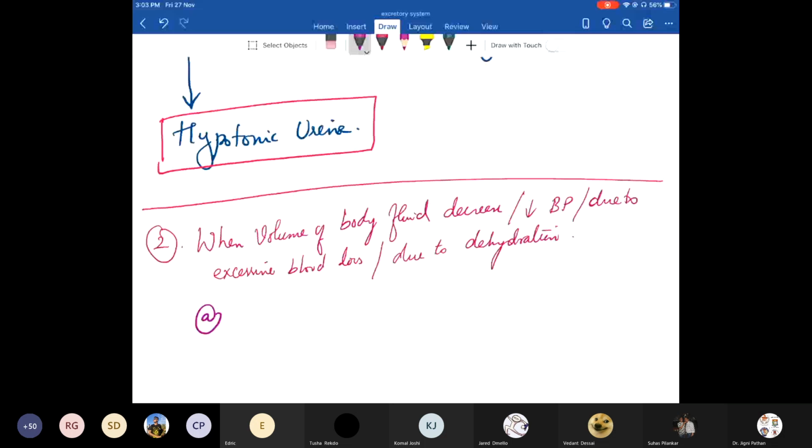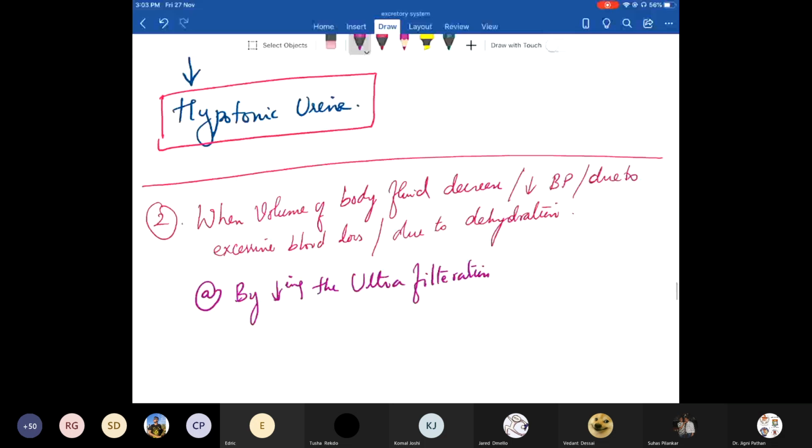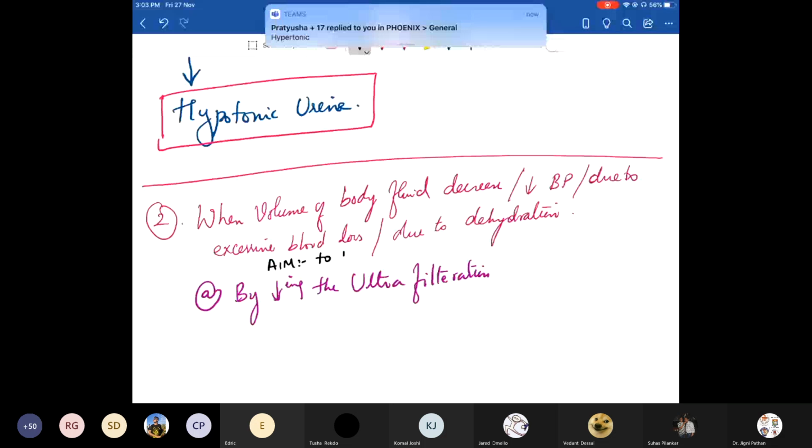The aim is to produce hypertonic urine. So the first method is by decreasing the ultrafiltration.